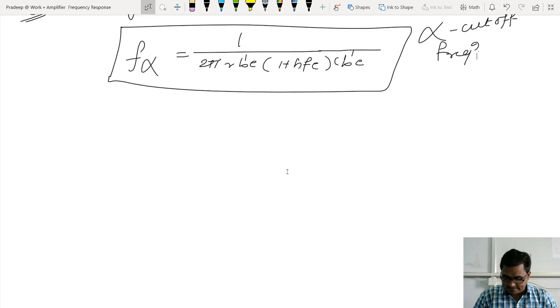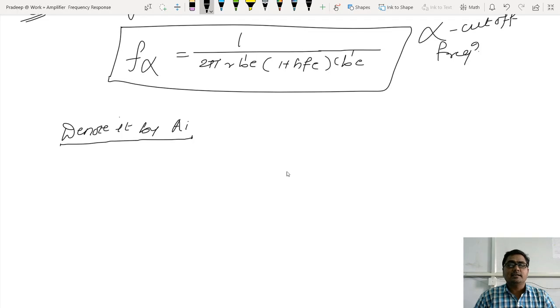So it is AI. Let me denote it by AI. Now, what is AI? It is actually current gain at higher frequency.